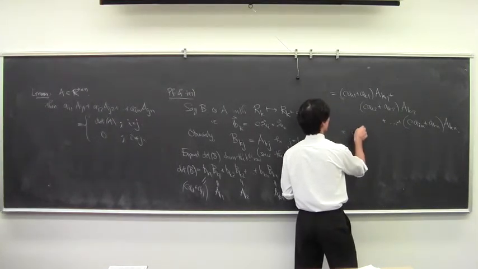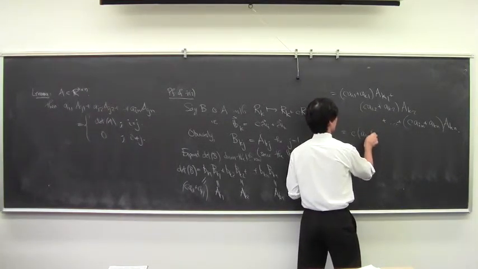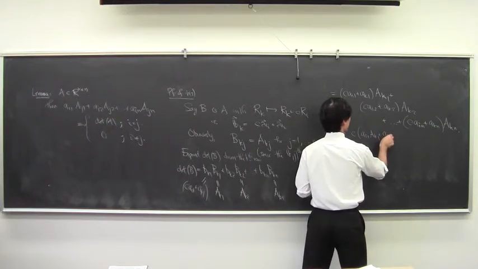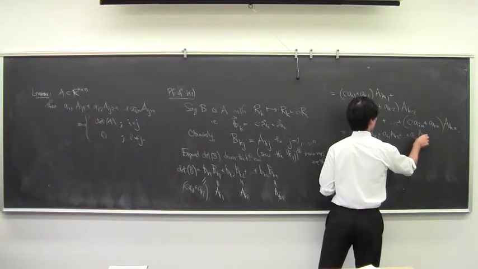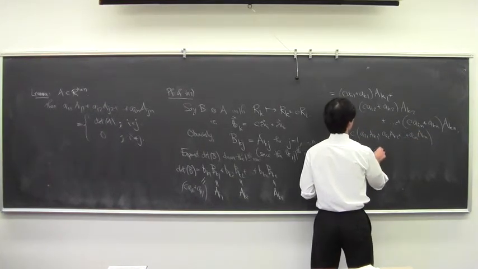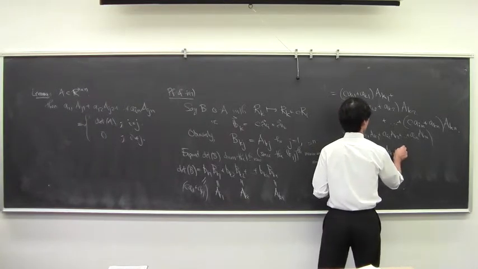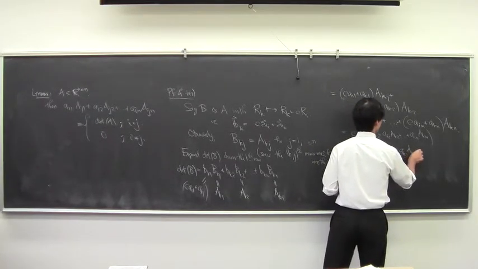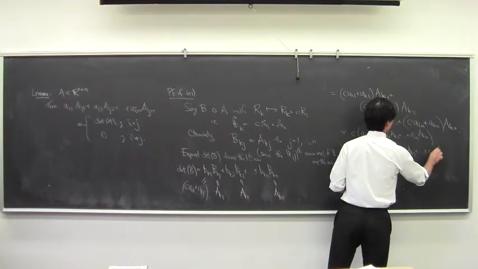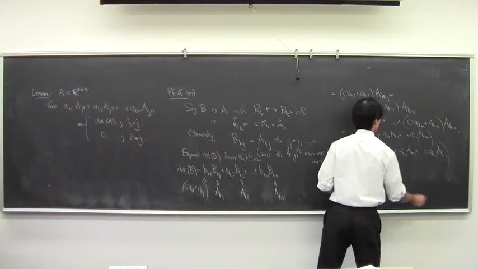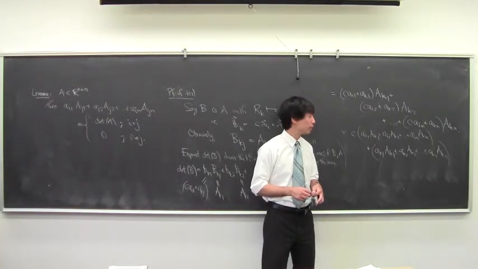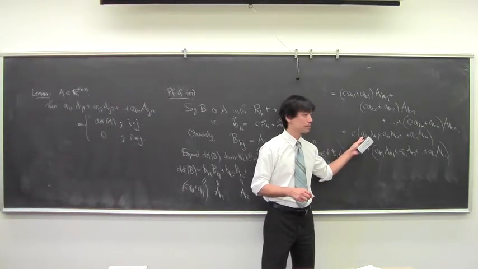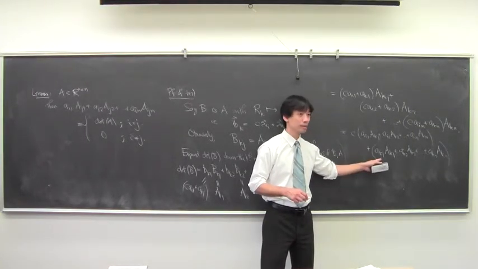You get C times Ai1, capital Ak1, Ai2, capital Ak2, plus Ain, capital Akn, plus Ak1, capital Ak1, plus Ak2, capital Ak2, plus Akn, capital Akn. In other words, you get, what's this? So that's 0, plus the determinant of A.